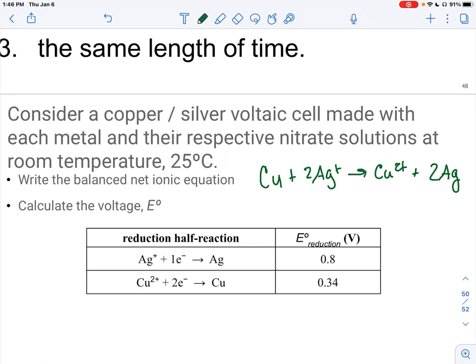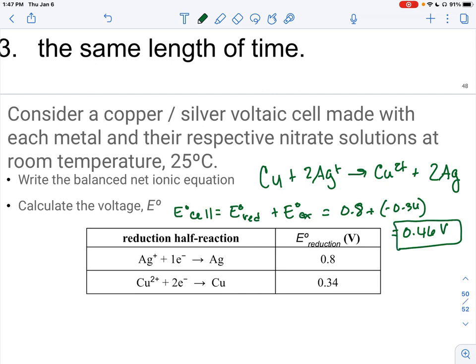So when you do that now, remember to change the sign on the one that you set to oxidation.